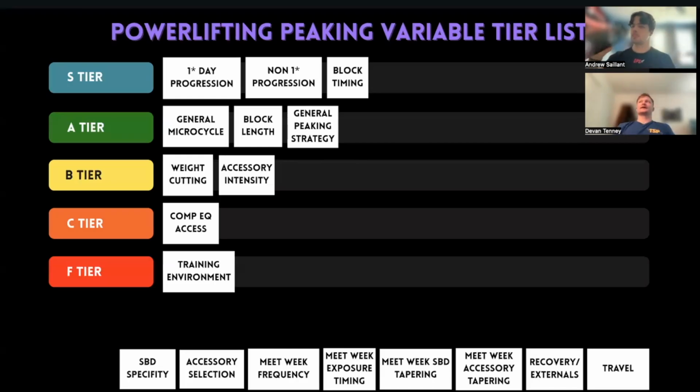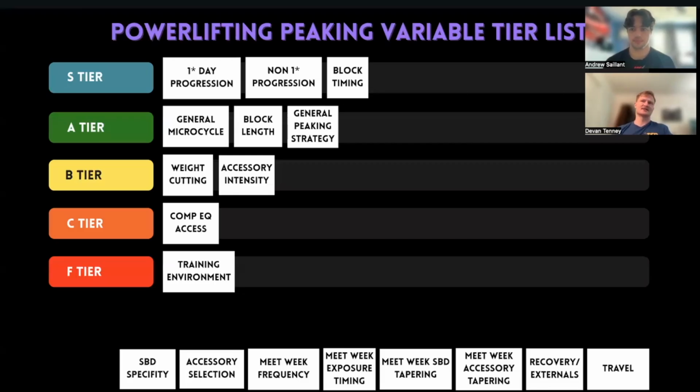It can be skewed. Maybe someone really needs a certain variation to come in with the highest level of skill practice on a certain day. And if we don't do that meet week, that can really skew technical proficiency or ability to maintain center of mass, what have you.